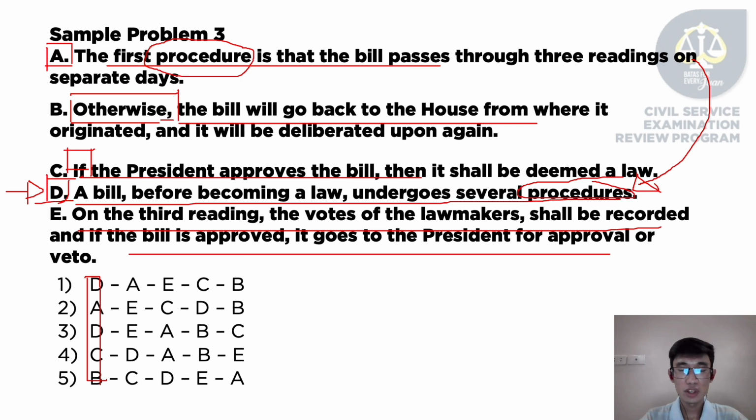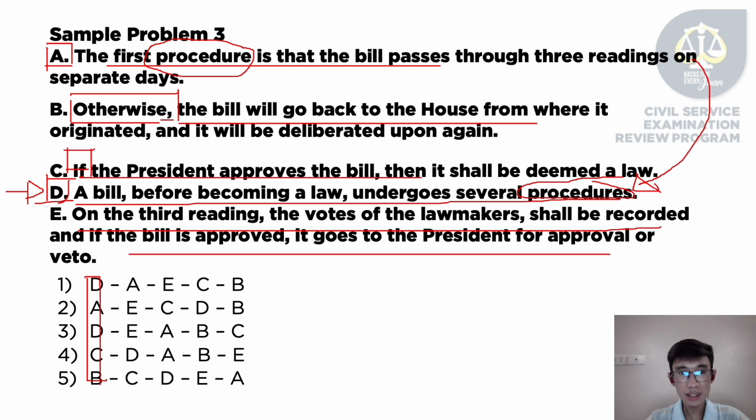No? So there you have it. You can logically see that A follows D. No? Okay, that's our now 2nd sentence.